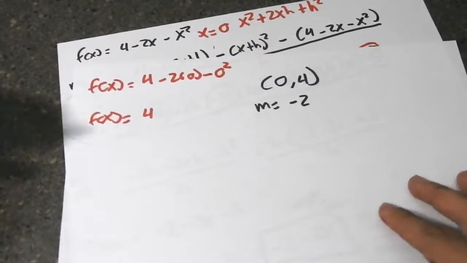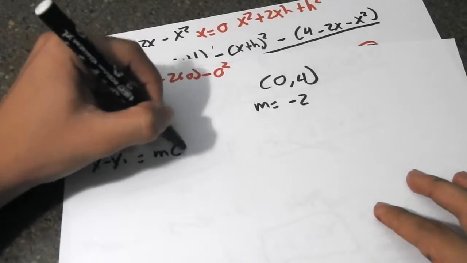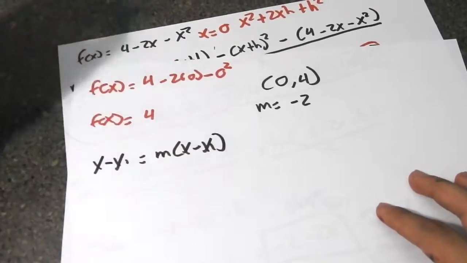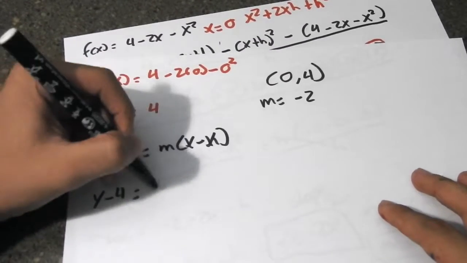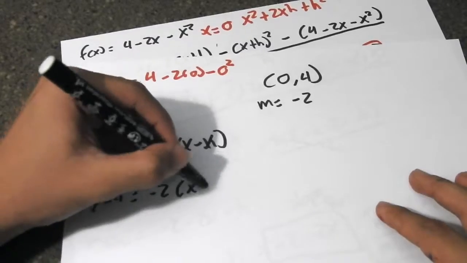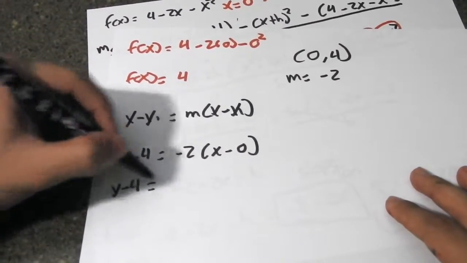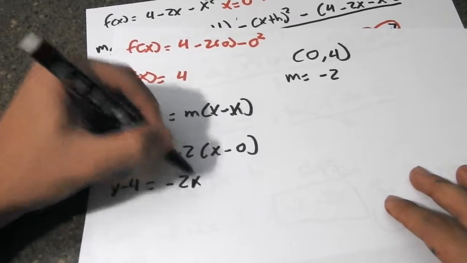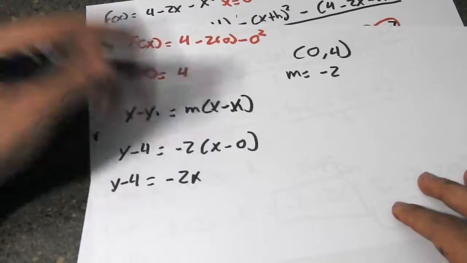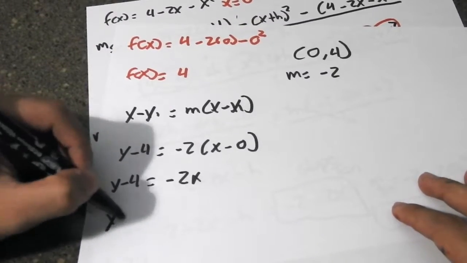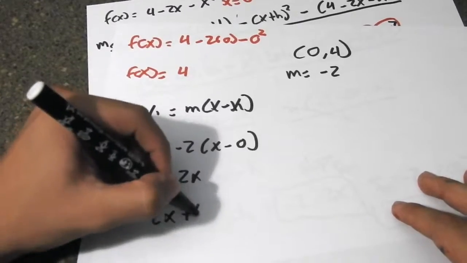Now we're going to use point-slope again, y minus y1 equals m times (x minus x1). Now we have y minus 4 equals negative 2 times (x minus 0). So y minus 4 equals negative 2x, and negative 2 times 0 is 0. So the equation of the tangent line is going to be minus 2x plus 4.